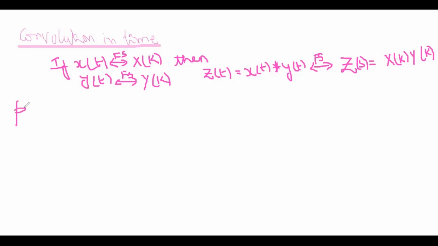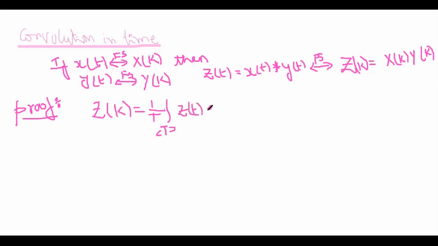So let us go for the proof. It is saying that z of k, not s, sorry, it is the k value, my dear students, is equal to 1 by T, the integral over T of z of t, e power minus jk omega naught t.